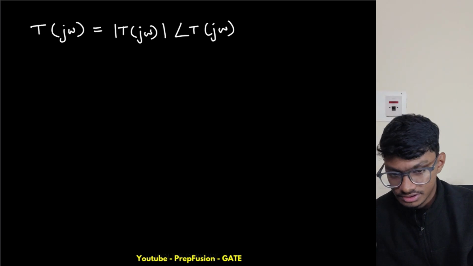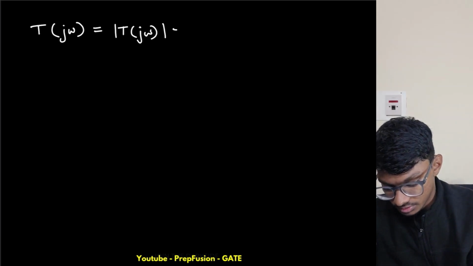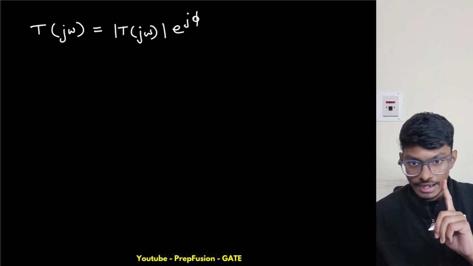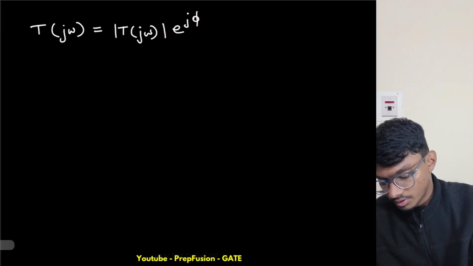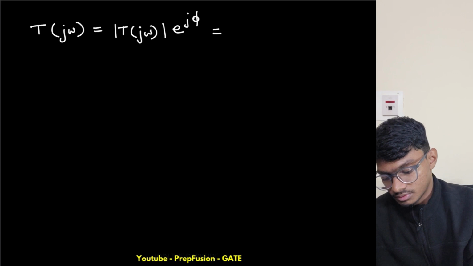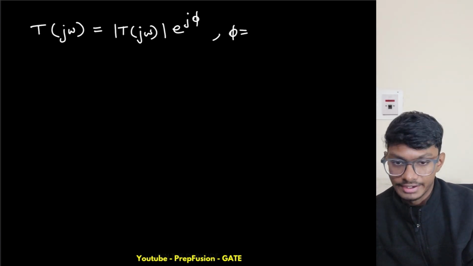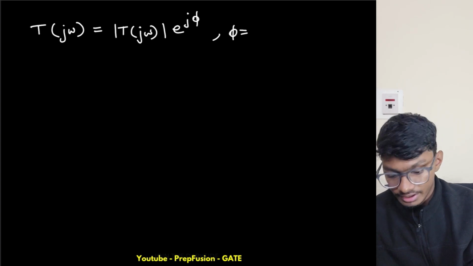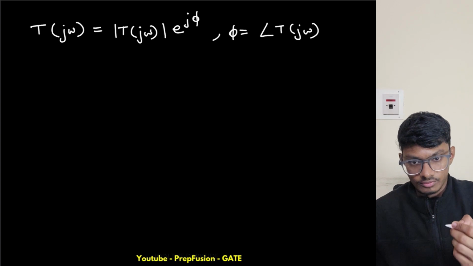We can also write it as e raised to the power j phi, the angle form. So this is the polar form. Now what is my phi angle? Phi is basically the angle of T of j omega, whatever I was writing.